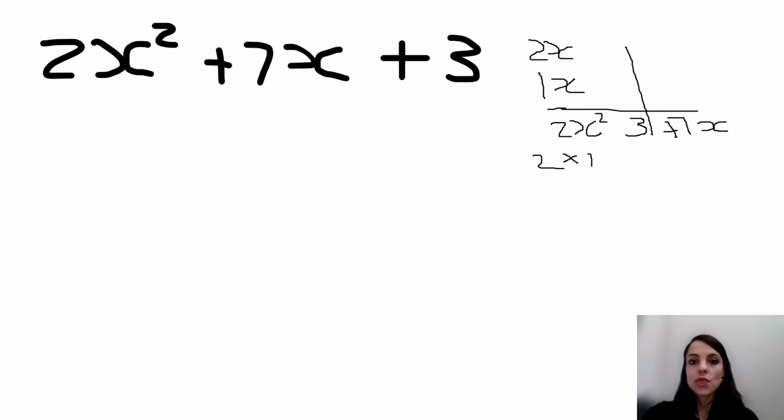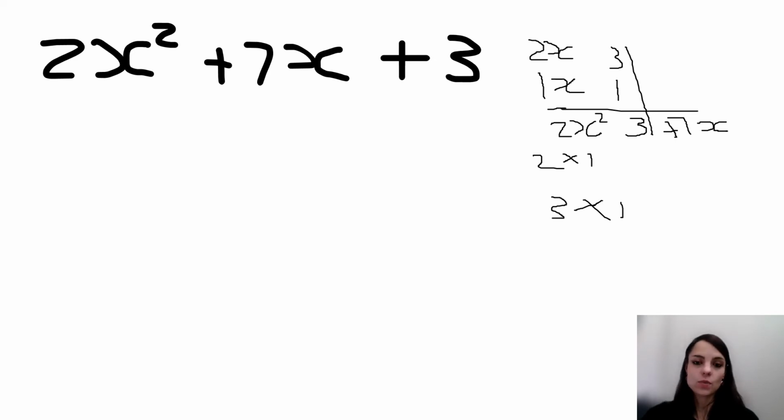Let's move on. 3. 3 can only be 3 times 1. But now is where the difference comes in. Do you put the 3 here and 1, or do you put the 1 on top and the 3? That is where a little bit of trial and error comes in. Let's first do it the wrong way. But we say we didn't know. Let's say we thought, okay, let's put the 3 here and the 1 here.